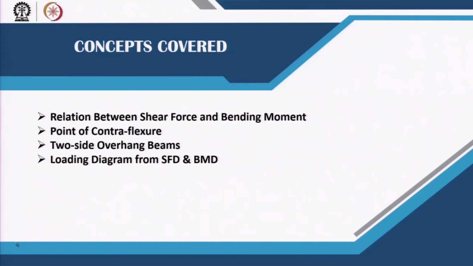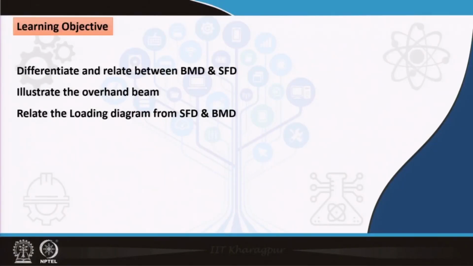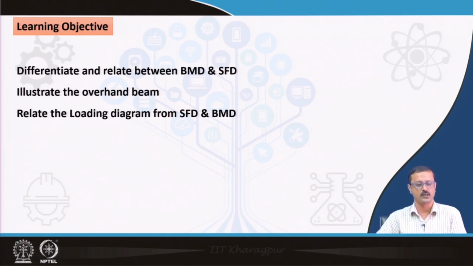Then we will see some cases of one-sided and two-sided overhang beam problems, and finally we will see the loading diagram from the SFD and the BMD. Practically, this last one will be discussed from a purely academic point of view for competitive examinations or so.